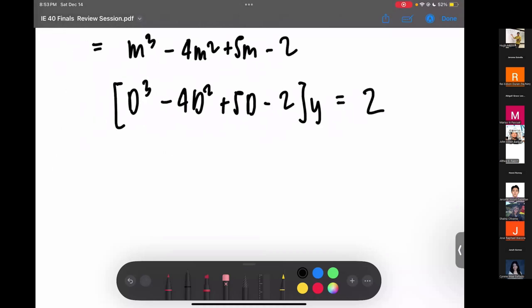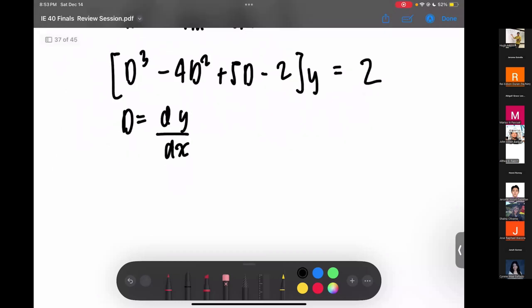Then we just have to remember na d is equal to dy over dx. So d raised to 3 is d cubed y over dx cubed, kasi y is here.